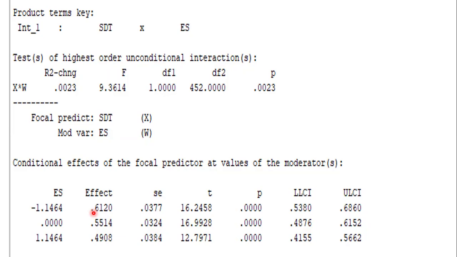But if it is greater than 0.20, it may be either medium or it may be a large impact in case of 0.50 or greater than 0.50. So in our case, at the lower level of ES effect, the effect size is larger and it is significant. While at the higher level of ES, the effect size is 0.49. It means it is a medium size effect, so it is also significant.